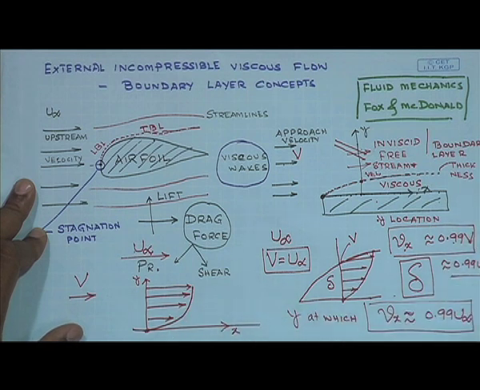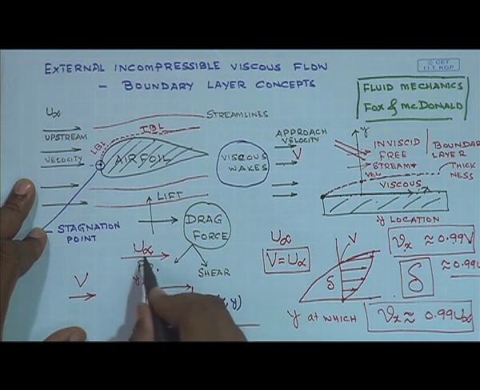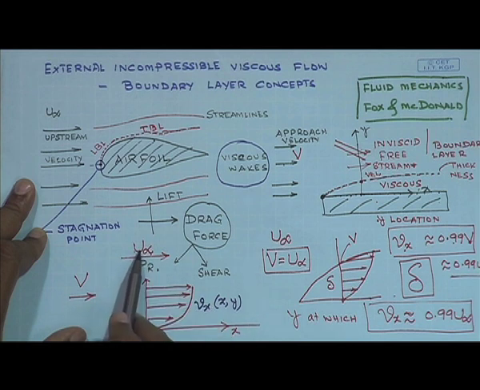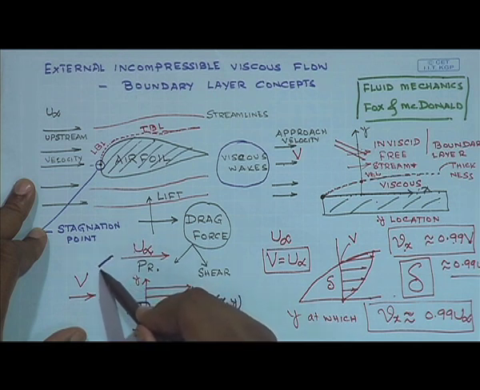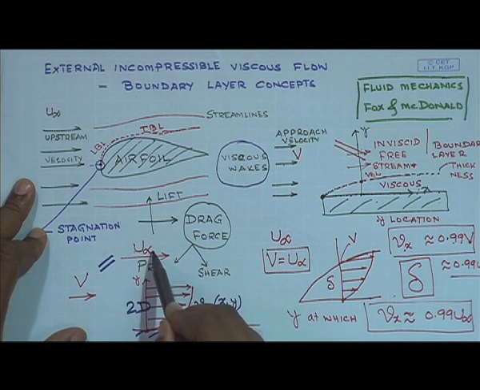Inside this boundary layer, the velocity in the x direction is a function both of x and y, and outside the boundary layer the velocity is simply going to be a constant equal to the free stream velocity. So, it is 2D flow inside and it is inviscid flow outside. For this special case of flow over a flat plate, the approach velocity is equal to the free stream velocity.